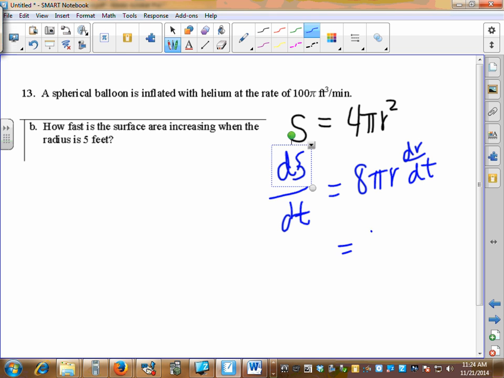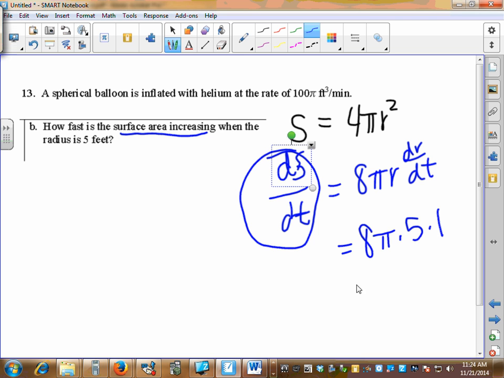Okay, and so let's go ahead. What are we looking for here? We're looking for surface area, so we're looking for dS/dt. So what do we plug in? 5 for r. All right, and then dr/dt, would that be 1 since you already did it? Right, we have that from the previous problem.